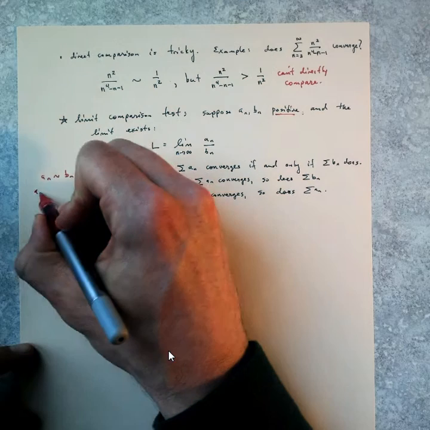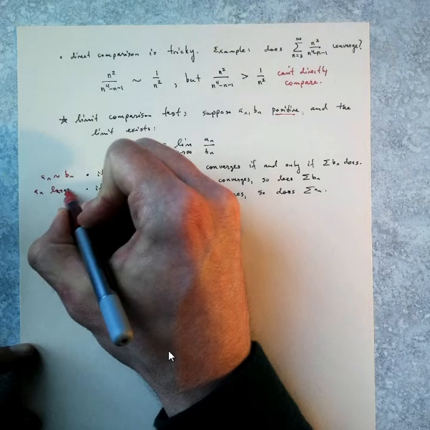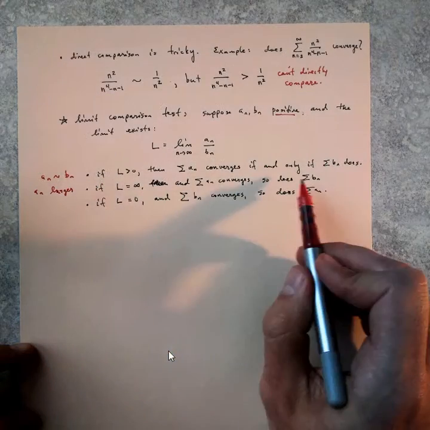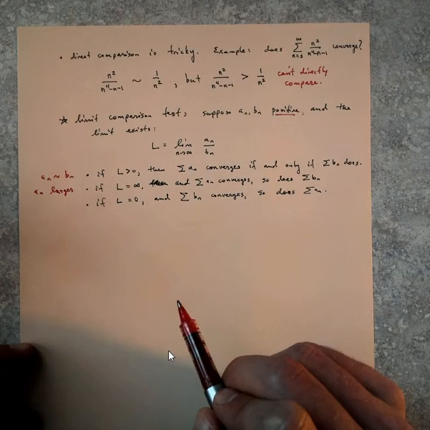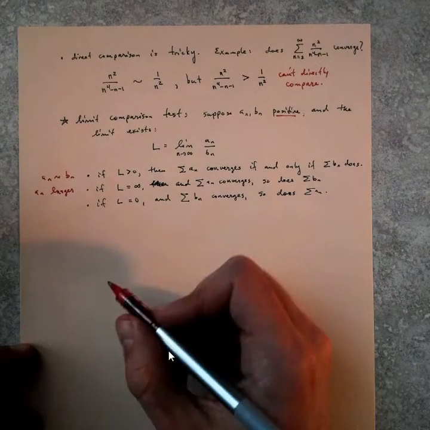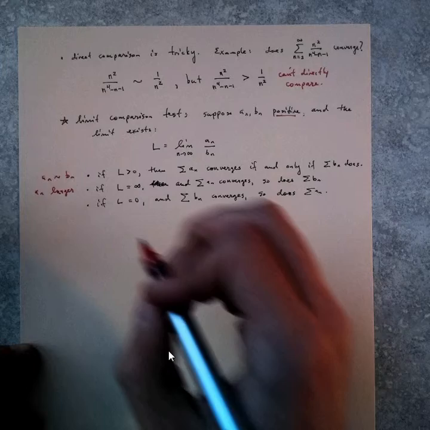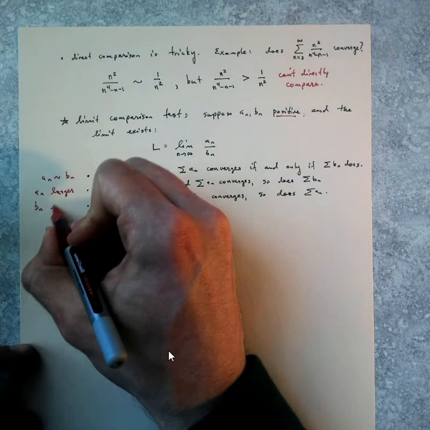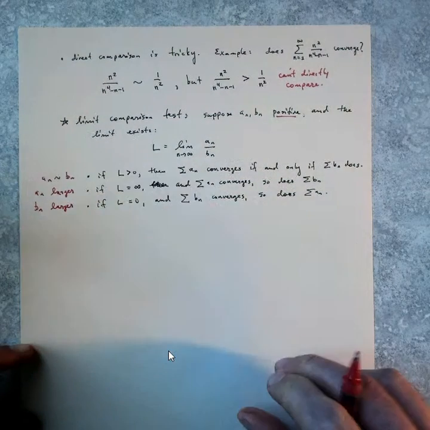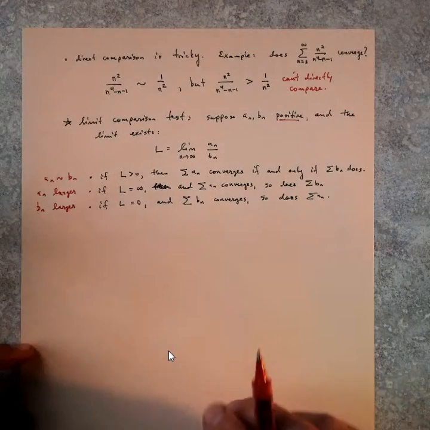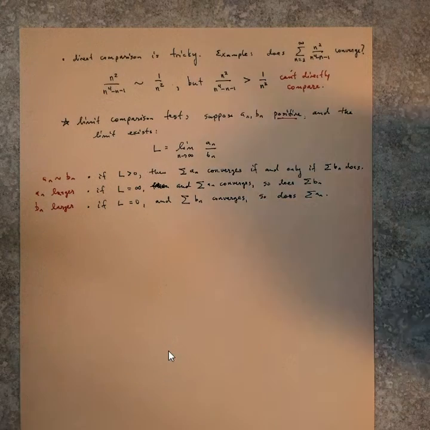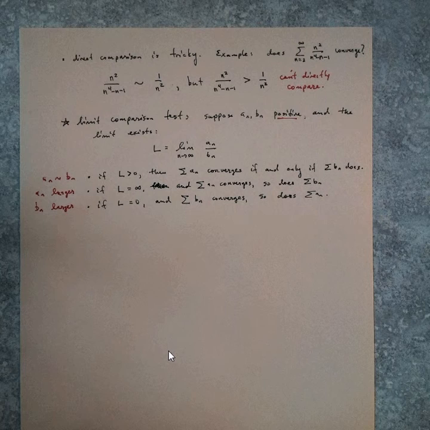Okay? So that if it converges, then the smaller one must also converge. And if L is 0, then b(n) is larger. And so if it converges, then so does a(n). I think that's the easiest way to remember this test.